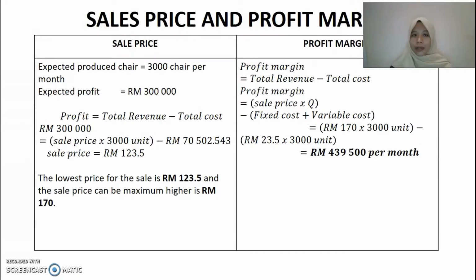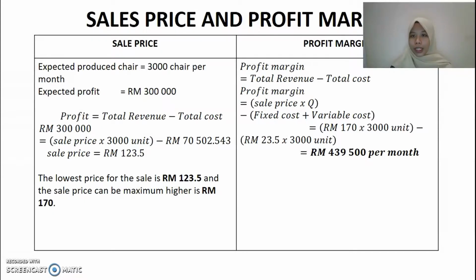Sale price times 3,000 units minus 70,502 ringgit 54 cents gives the sale price of RM123.50. The lowest price for the sale is 122 ringgit 50 cents. Meanwhile, the maximum price for the sale is 170 ringgit.